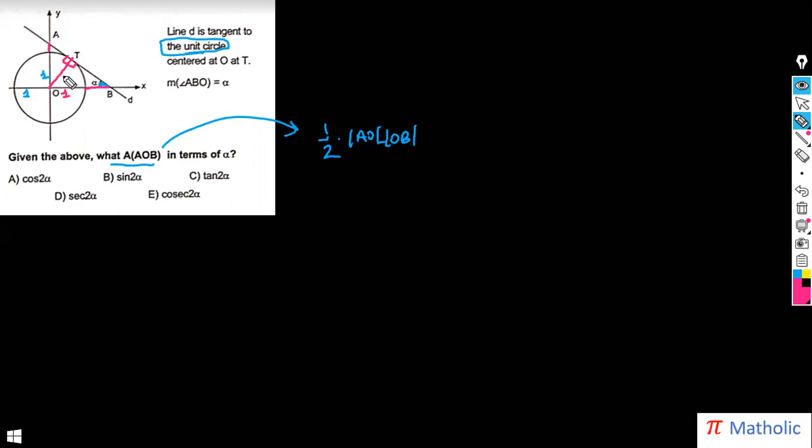And I know that this is 1. If this angle is A, let's name this B, and this is 90 degrees. As you know, A plus B makes 90 degrees. So which means this angle is A.